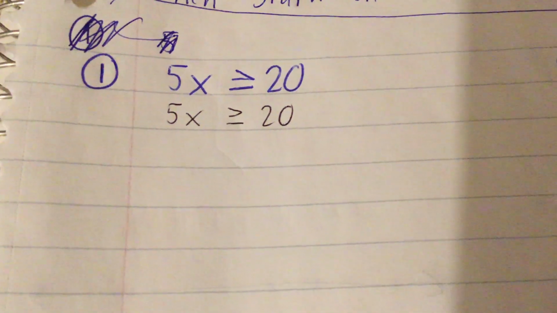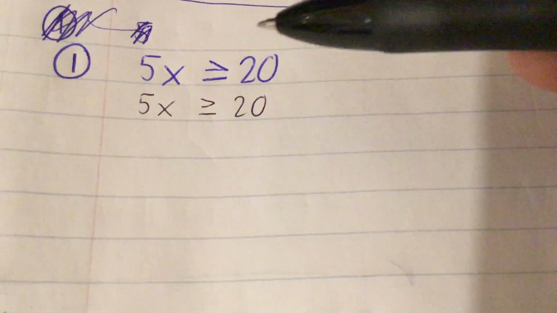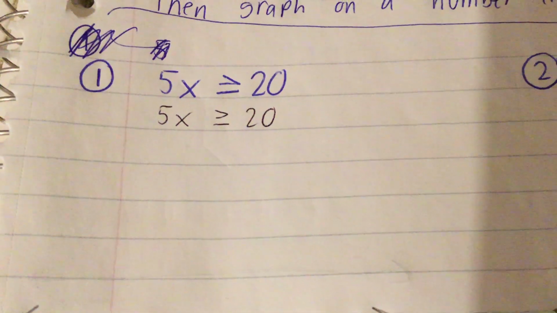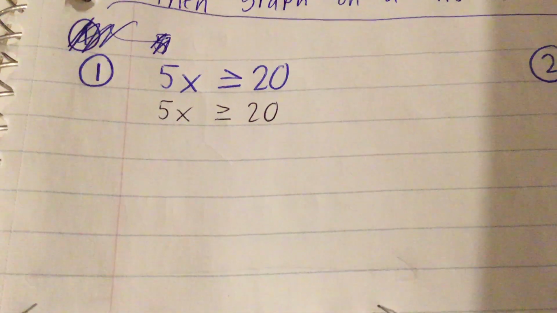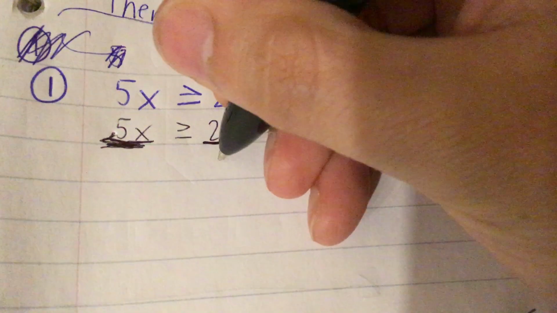Okay, 5x is greater than or equal to 20. If this was an equal sign problem, if this was an equation, how would I solve for x? I'm going to divide both sides of the equation by 5.